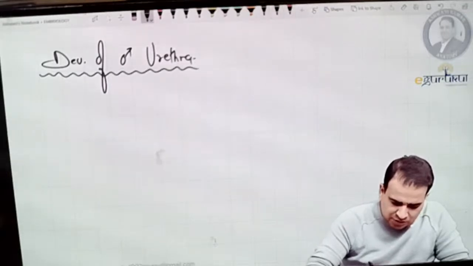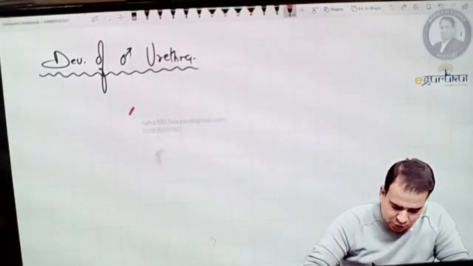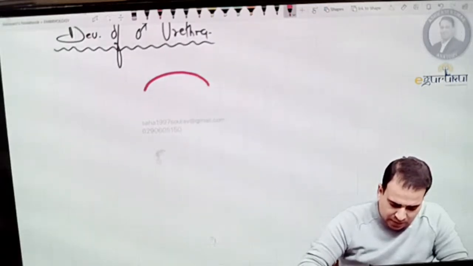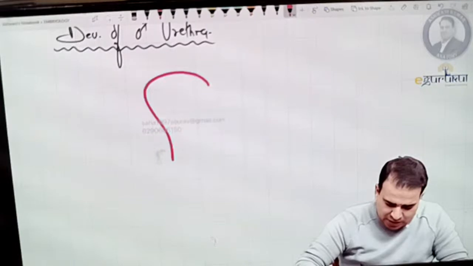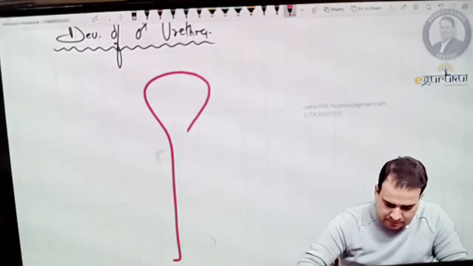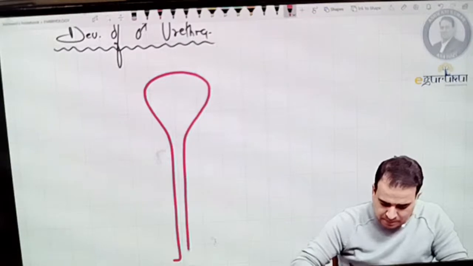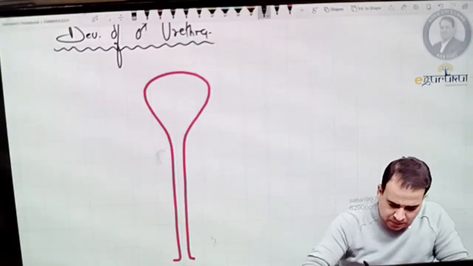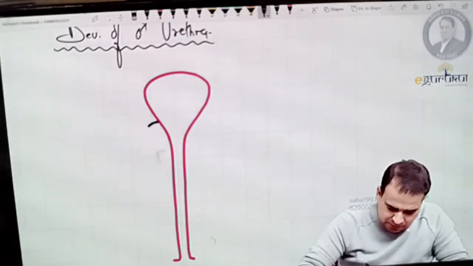I'm going to stick to the same color code. Let's say this here is the urogenital sinus, and here is the extension of this urogenital sinus. So this obviously will be the prostatic urethra.